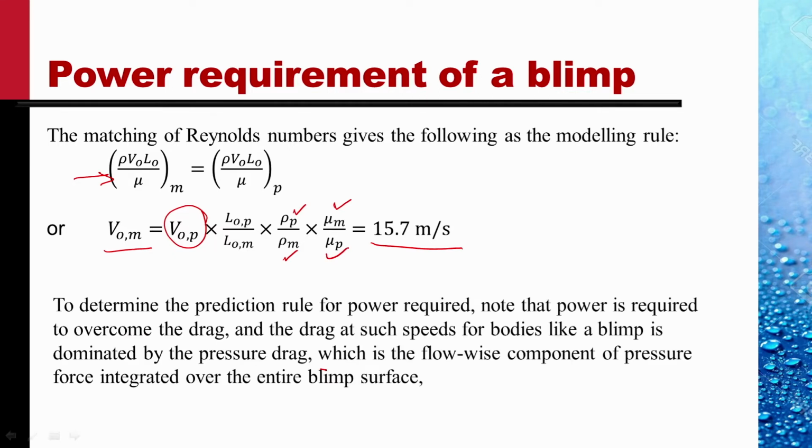To determine the prediction rule for power required, note that the power required is to overcome the drag. And the drag at such speeds for bodies like a blimp is dominated by pressure drag, which is the flow-wise component of pressure force integrated over the entire blimp surface.